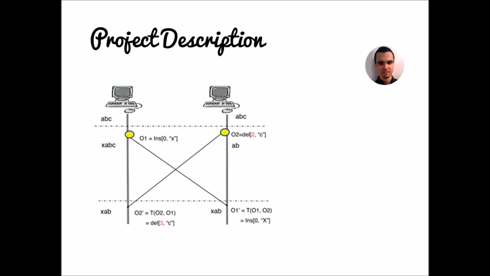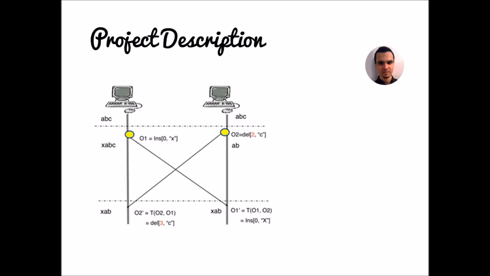As seen in the example figure, imagine two collaborators begin with a document that has the characters A, B, C. The collaborator on the left decides to add the character X at index 0, and at the same time, the collaborator on the right decides to delete the character C. Without operational transformation, the first collaborator will end up deleting the wrong character because after they prepend X, the character C is no longer at index 2.